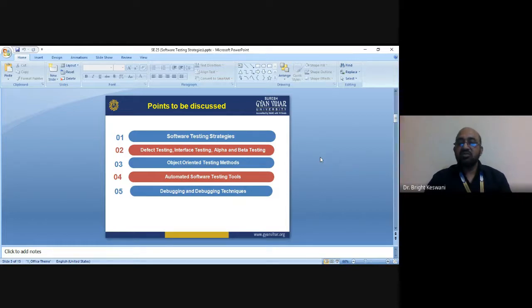Nowadays there is automation in software testing, so we should learn about it. We will learn testing with tools to automate the testing process in this segment. Then debugging and debugging techniques we will discuss as the last point of this lecture. So let us start with the first point, that is software testing strategies.